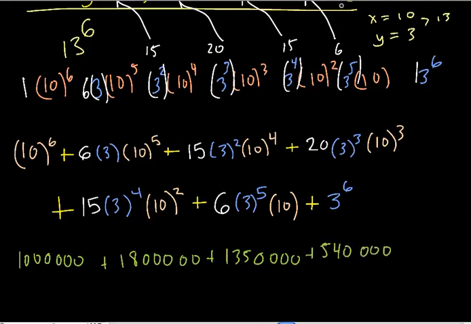Wow. Then 15 with 2 zeros, plus 1,458 with 1 zero, plus 729.